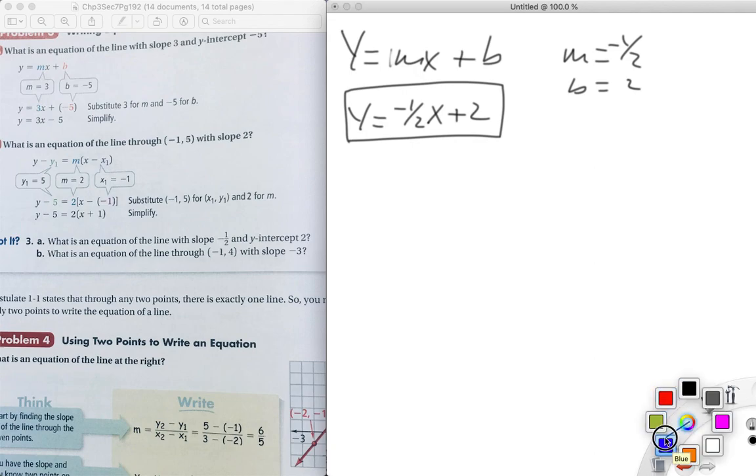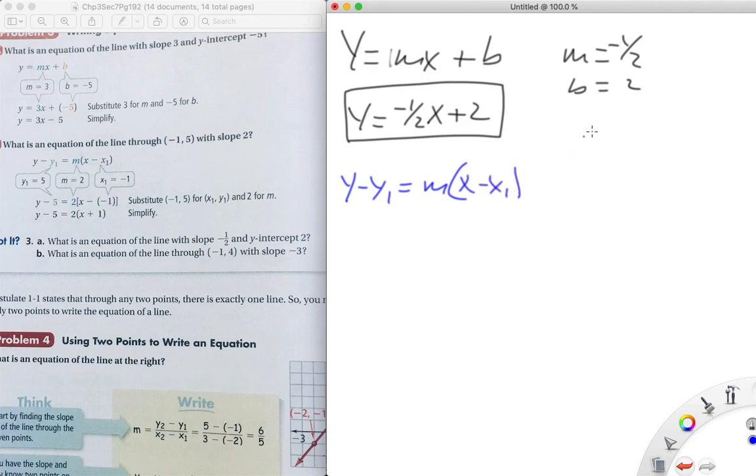They give me another scenario where it gives me a point and a slope. So I know I'm using point slope form. So it's going to be y minus y1 equals m times x minus x1, where my point is negative 1 for my x and 4 for my y, and my slope is negative 3.